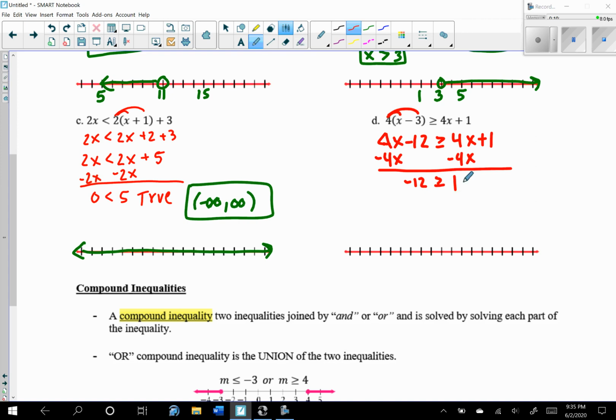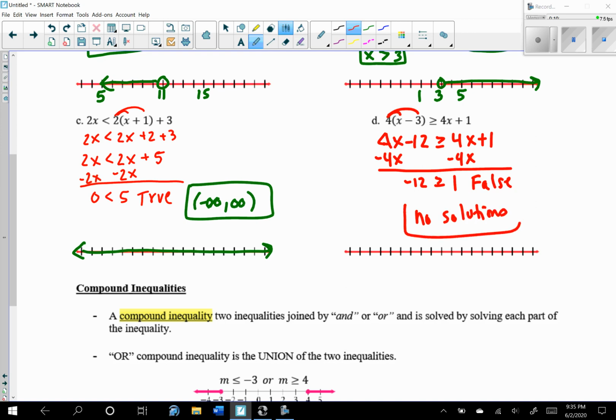And depending on how you solve this, you might have ended up with something slightly different. And so you're just looking, does it make a true statement or a false statement, because we don't have any x's here in our final statement. So is negative 12 bigger than or equal to 1? No, it is not. So this is false. So this means there are no solutions.